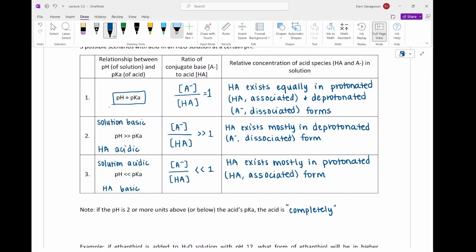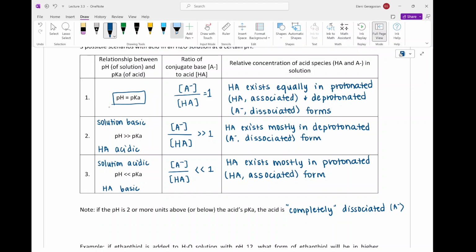So if the pH is 2 or more units above, that means the acid is more acidic than the solution. So the acid will give away its proton. So we'd say the acid is completely dissociated, so in its A minus form, conjugate base.